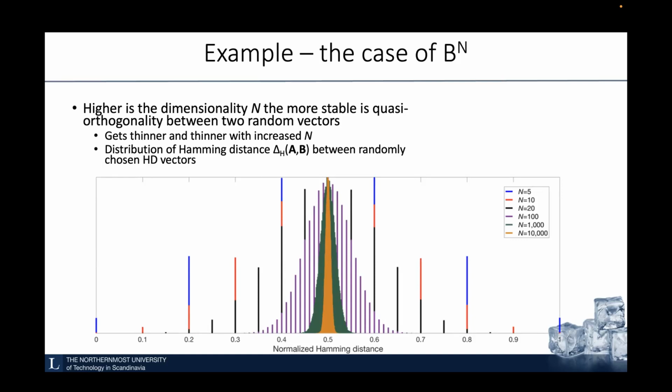Cosine 0 means they are totally orthogonal, so 90 degrees between the vectors. Cosine 1 means they're collinear, basically the same vector.